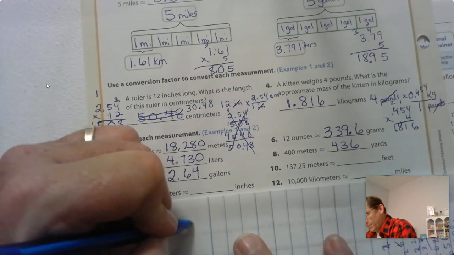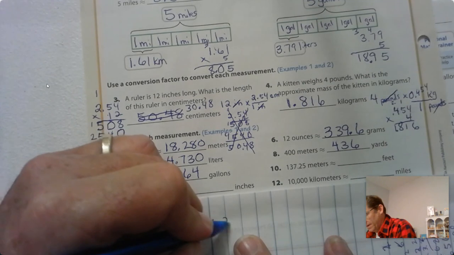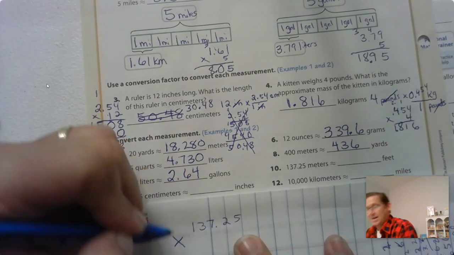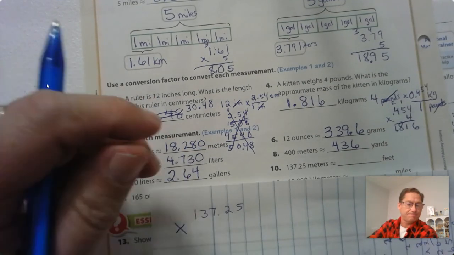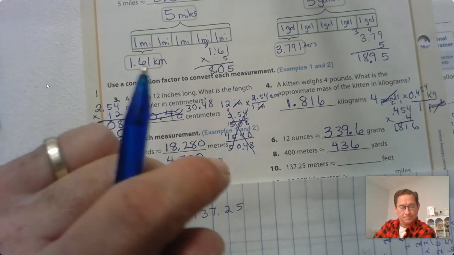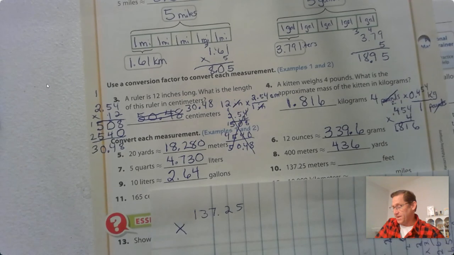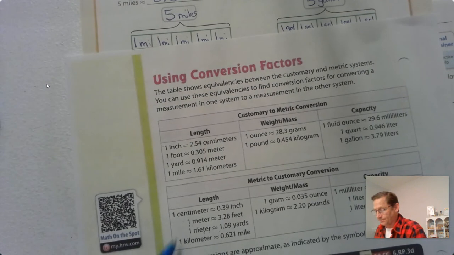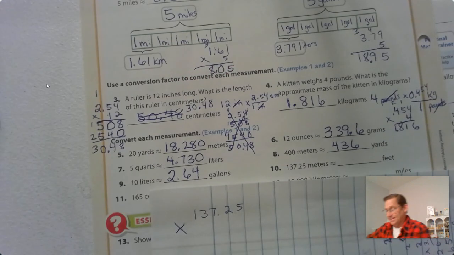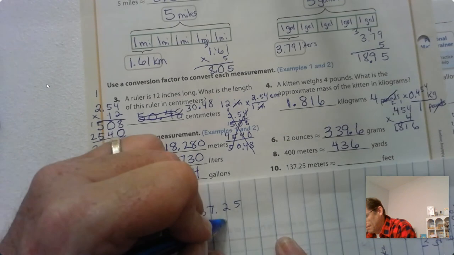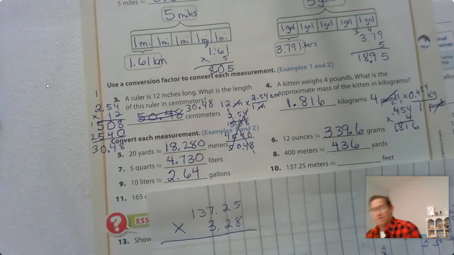All right, so 137.25 times how many feet are in 1 meter? 3.28. All right, so let's try it.